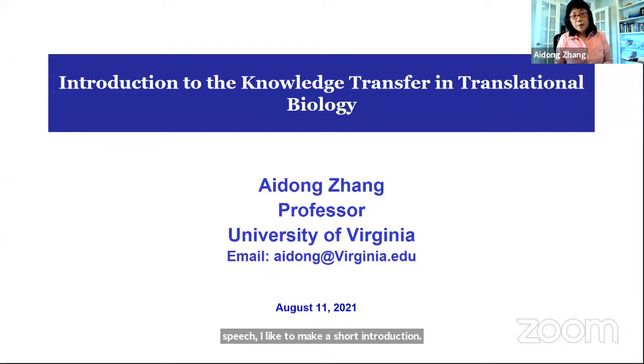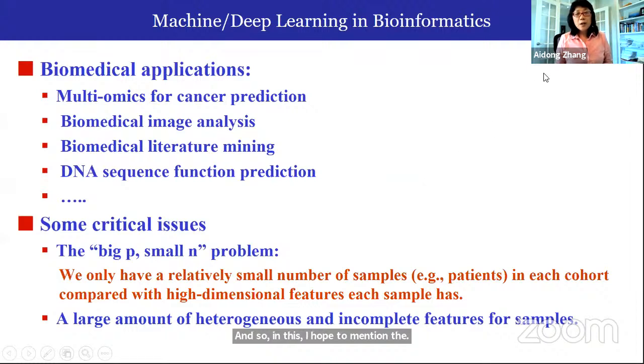Our focus is on knowledge-guided machine learning, in particular how knowledge can be transferred in the translational biology domain. One of the main issues in applying AI and machine learning approaches in biology is the big P, small n problem.